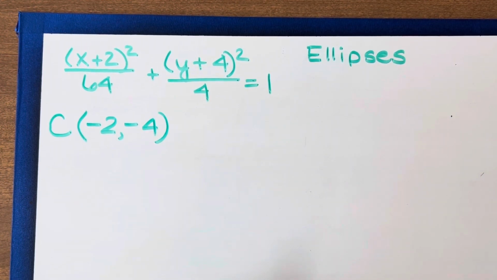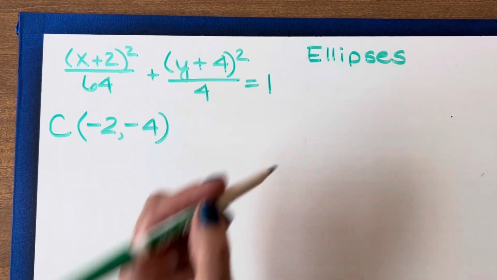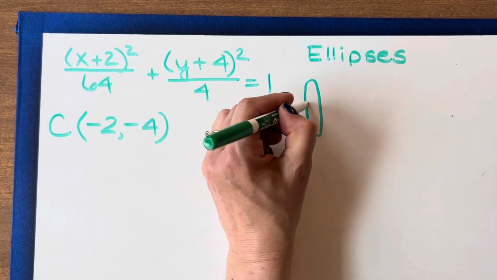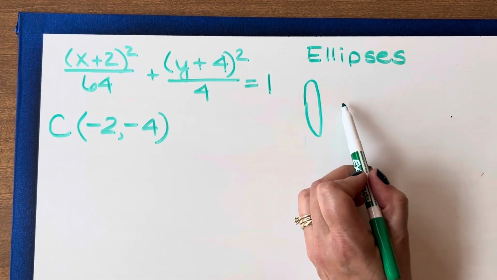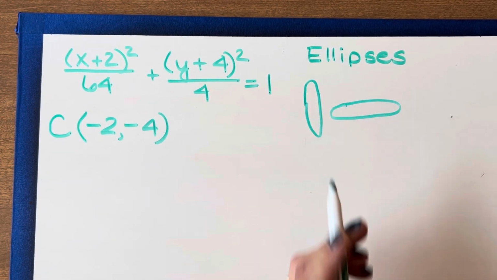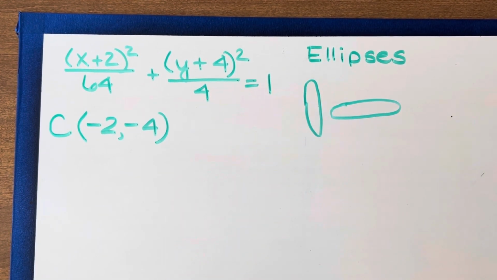Now, an ellipse is different from a circle because an ellipse is sort of like a circle that has gotten smushed. So it's either going to be tall and thin, like this, or it's going to be short and wide, like this. So we have what's called a major axis and a minor axis.